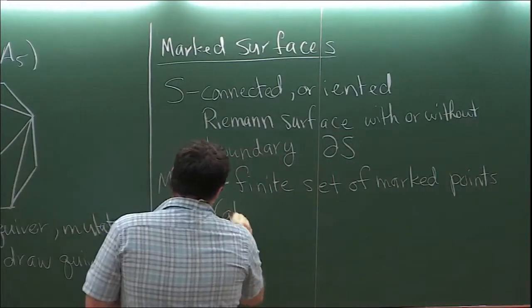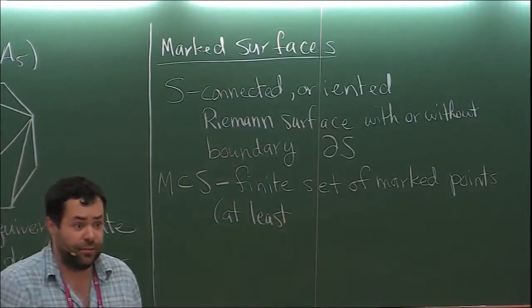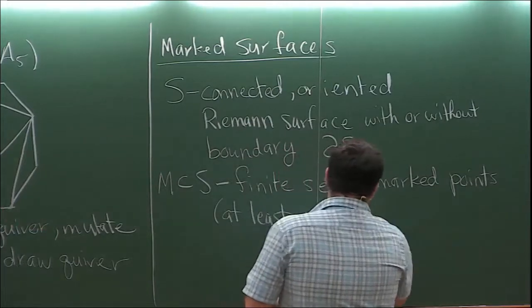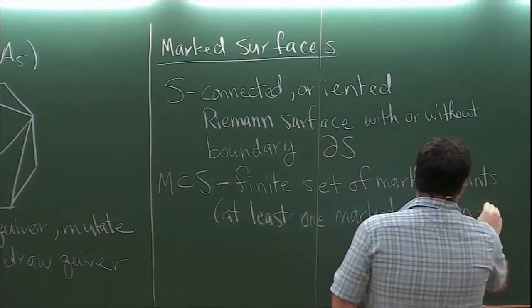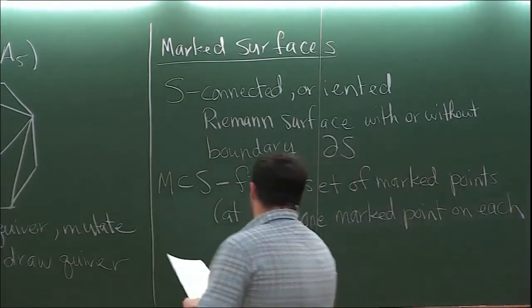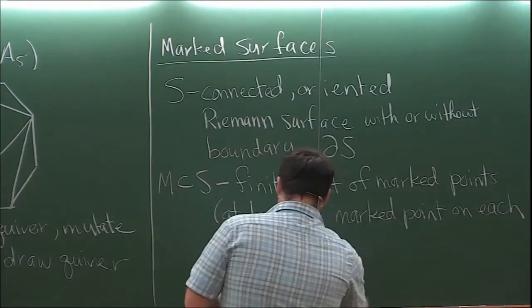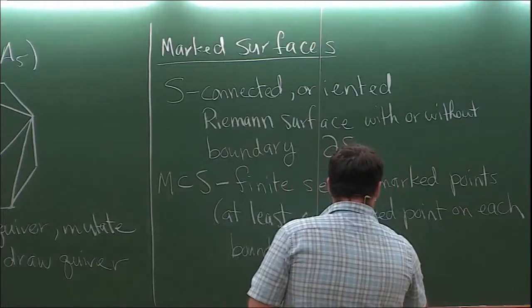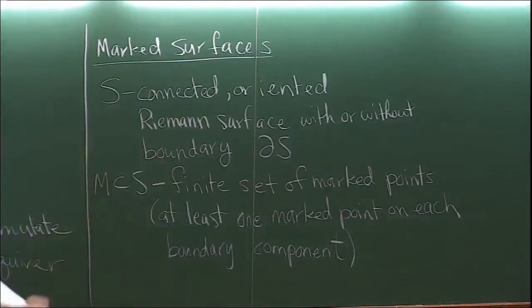And for some technical reason, I want there to be at least one marked point on each boundary component. Okay, and these two bits of information together, I'm going to call a marked surface.